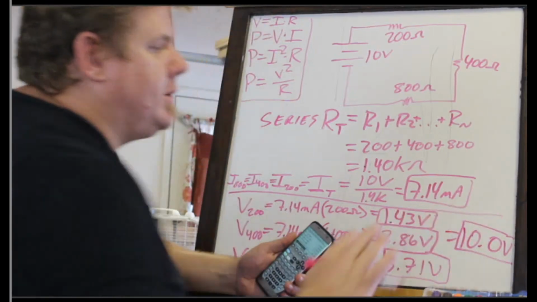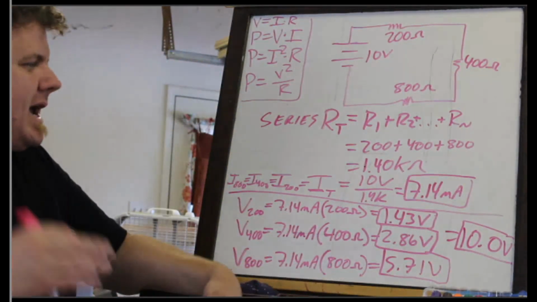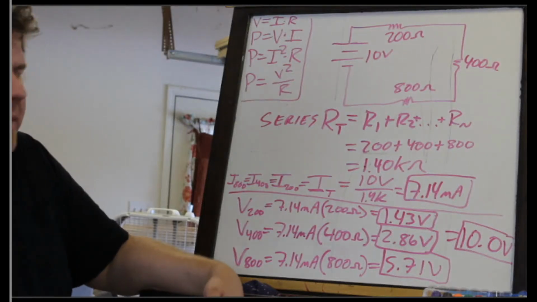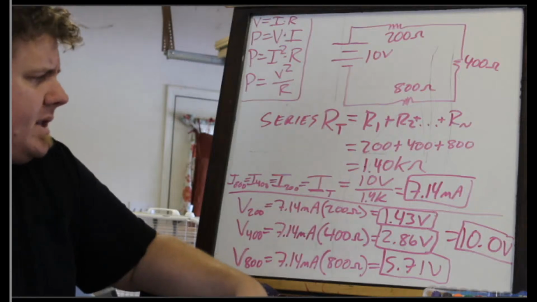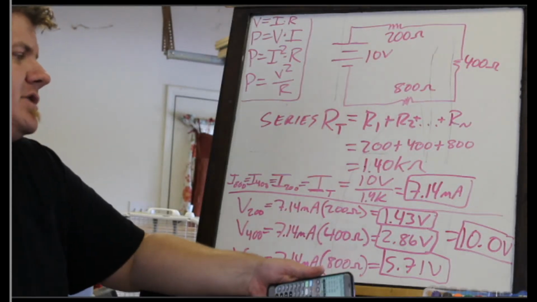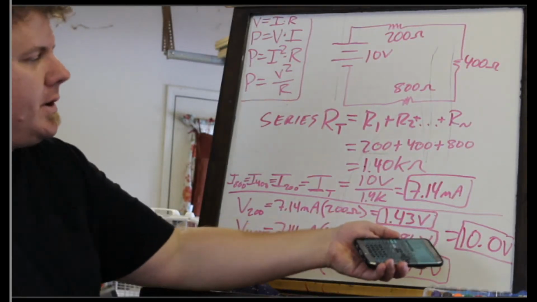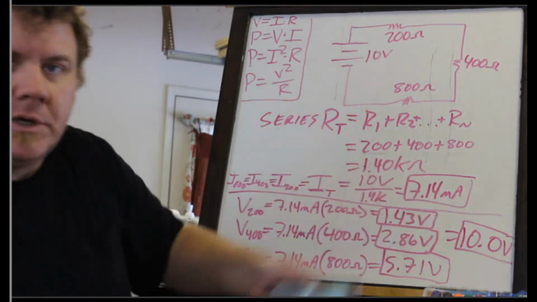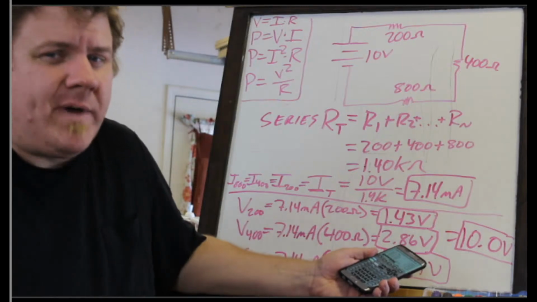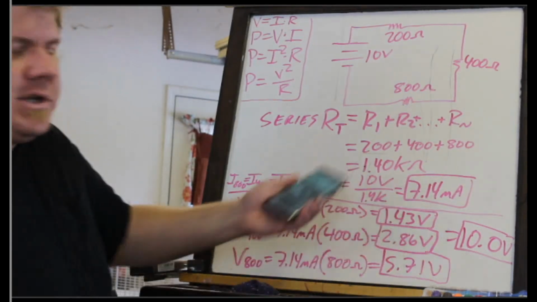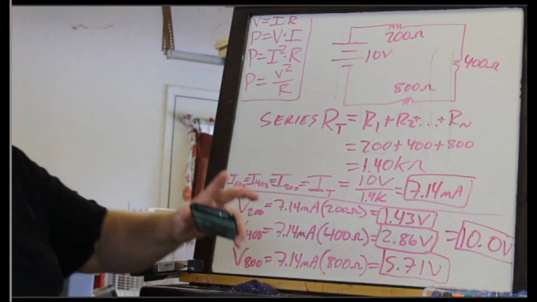Now sometimes you'll have like 9.9, or you might have 10.1 or something, and that's all due to how you round this. Okay? So there's times when everything gets rounded down and it's short, or everything gets rounded up and it's just a little bit above. Okay? But if you get like 10.9 or 10.5, you did something wrong. So go back and check your work. Okay, so those are my 2 checks that I do.